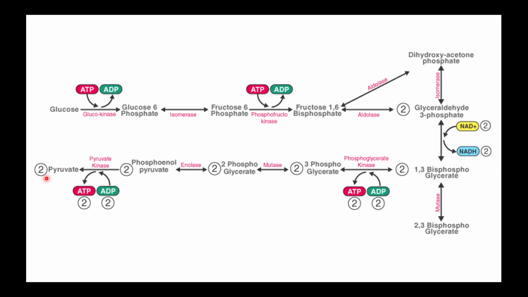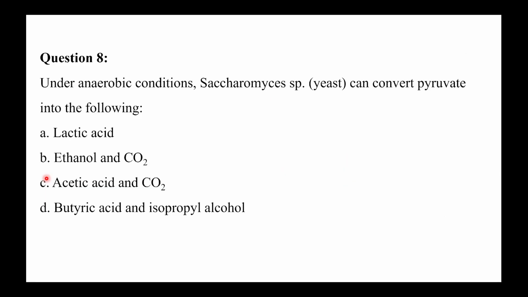Okay. If there's no question, then I'll move to the next question. Question number 8. Under anaerobic conditions, Saccharomyces species, that is yeast, can convert pyruvate into the following.